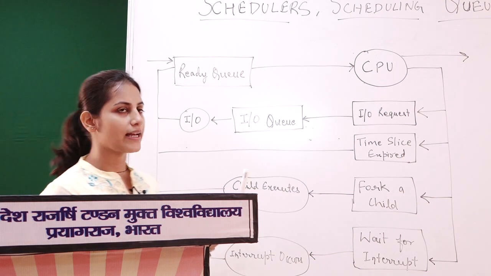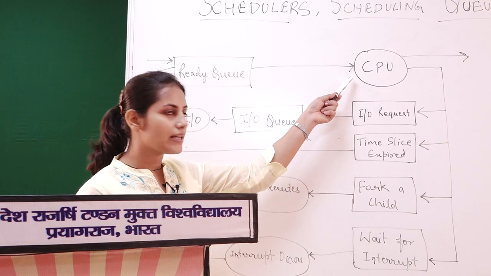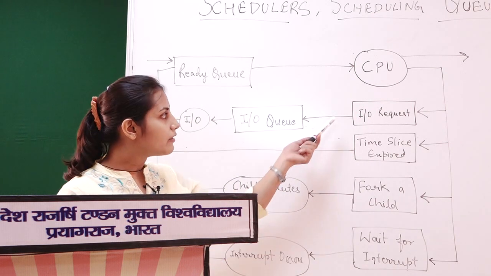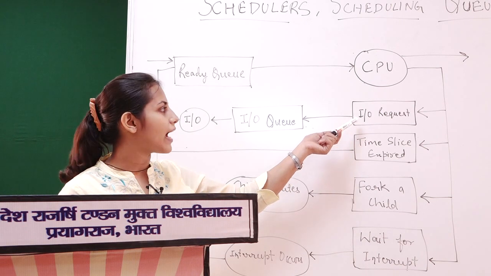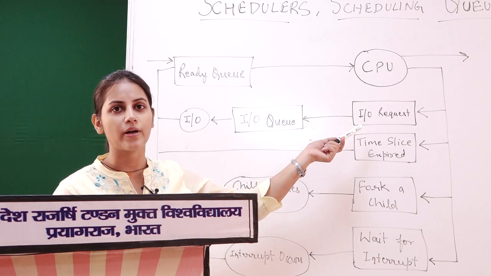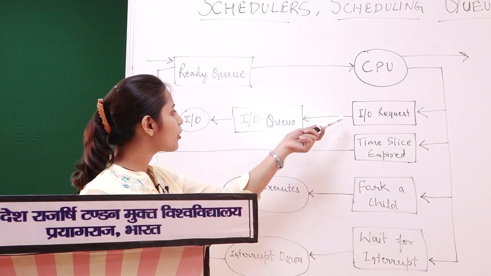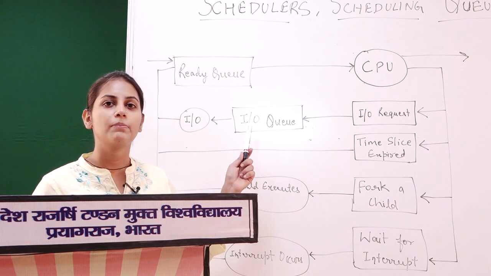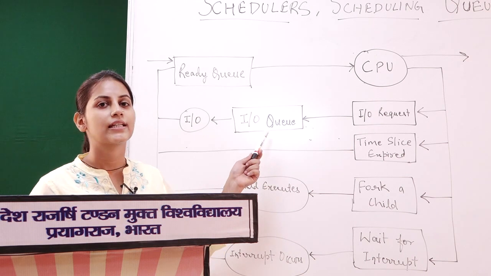Once the process is selected, it keeps running until one of the following happens. Either the process stops for handling an I/O request. In that case, the process goes into an I/O queue that is associated with the particular device that will service that I/O.